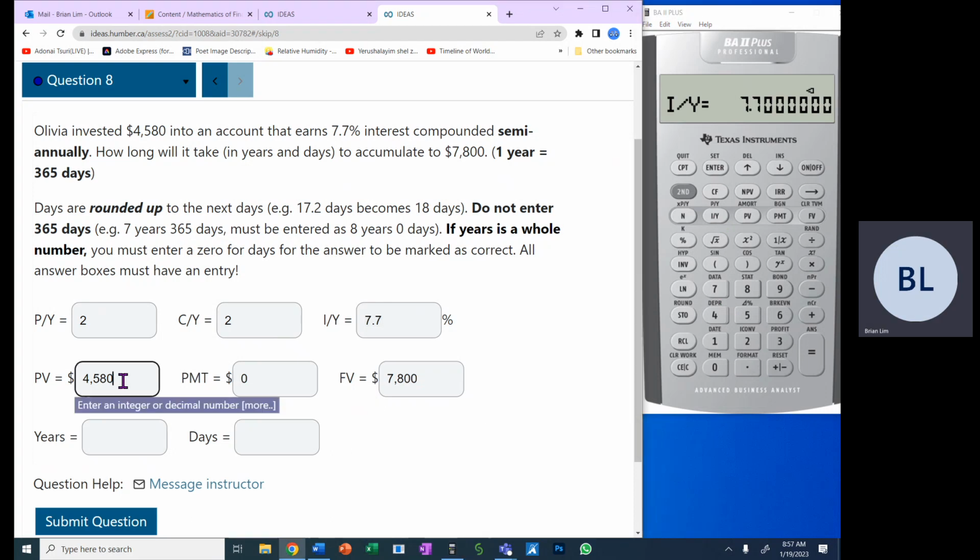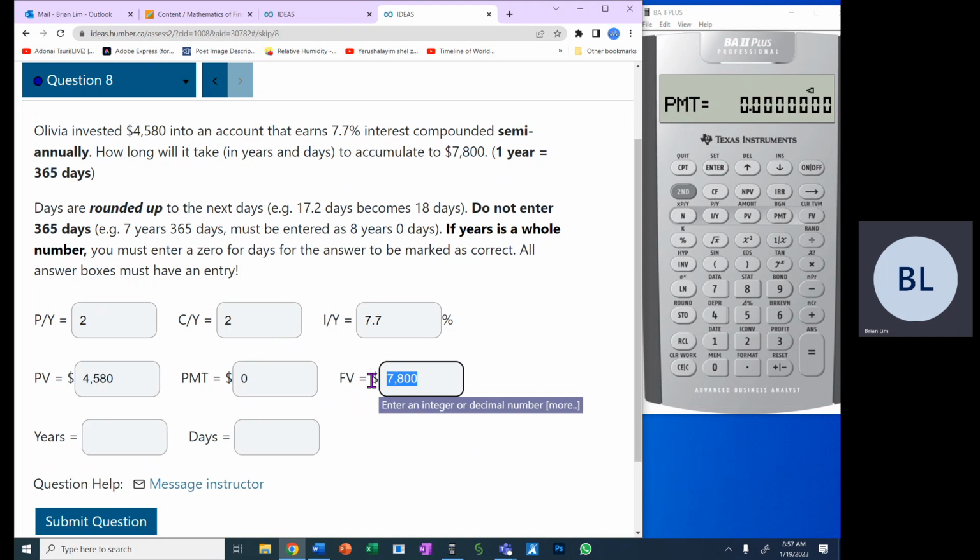The present value is 4580, the payment is 0, and the future value is 7,800. We should make it negative, because the present value is positive. So now let's compute N, and that is the value for N.